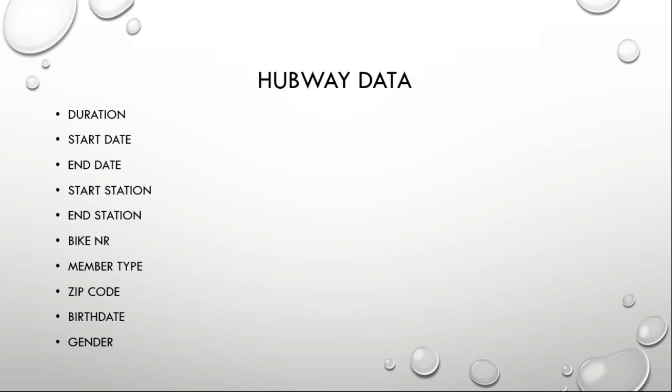The bike number, which indicated which bike they used, the member type, whether it was a casual member or an annual member, the zip code for any annual member, their home zip code, their birth date, and the gender of the member. Using this data, we ran calculations to calculate the distance traveled and the speed of each ride.